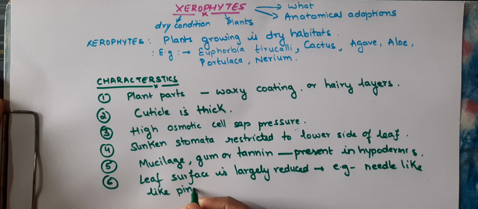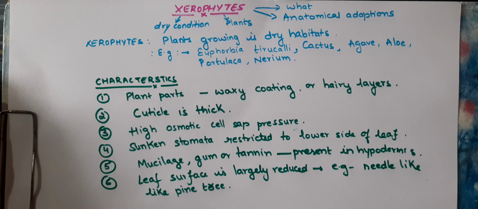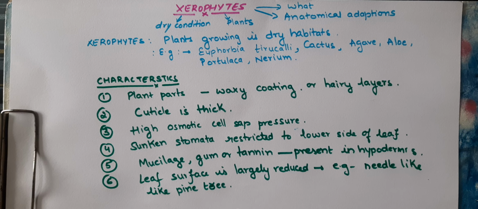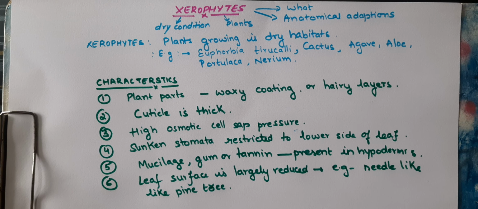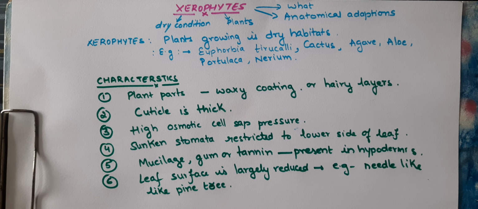So why in the pine tree, so why do the xerophytes have a largely reduced leaf surface area? This is also an adaptive feature, because if the leaf area is large, there will be more photosynthesis, more of all the physiological processes, and in that way the water will be lost, okay, through transpiration or other processes.